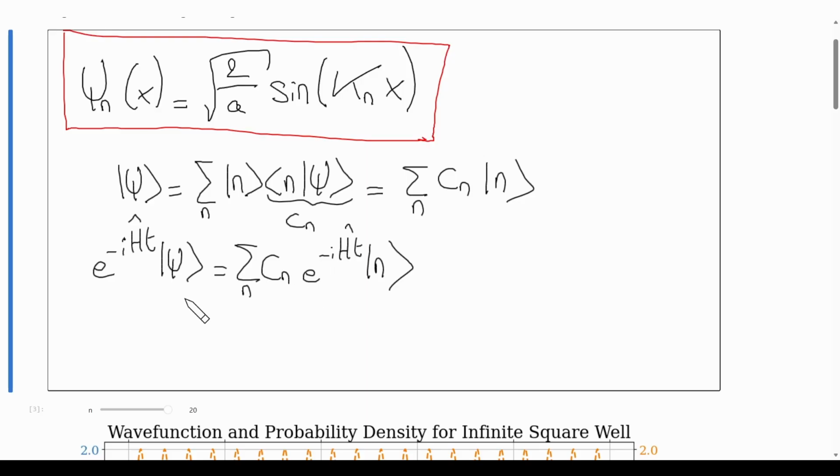We replace psi by its development on the eigenfunctions of the problem. And now we have this evolution operator that applies to the eigenfunction n. And since n is an eigenfunction of H, this will give simply exponential minus i En times t.